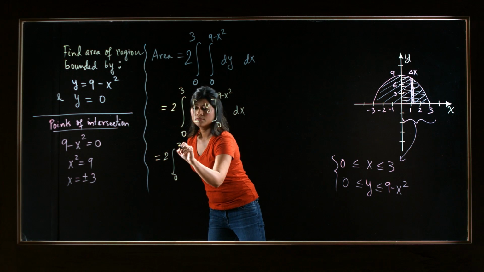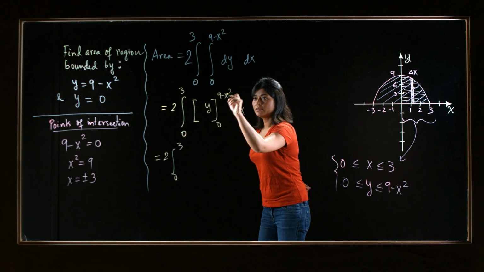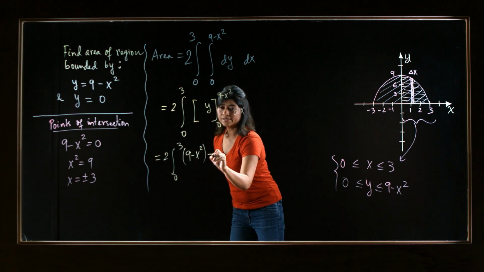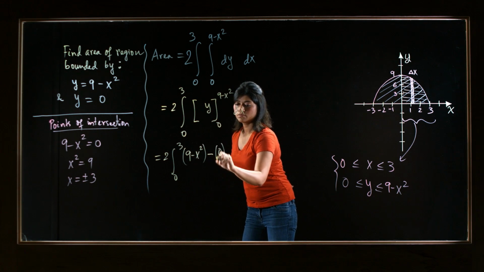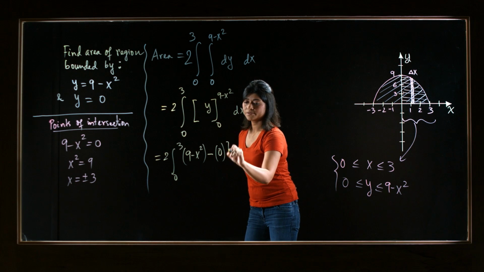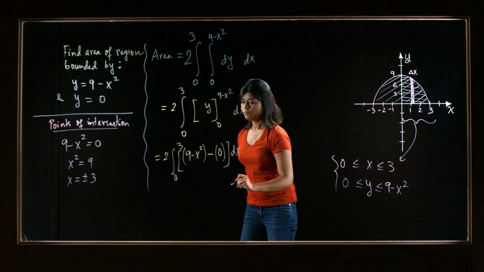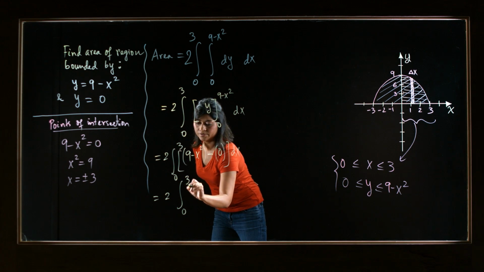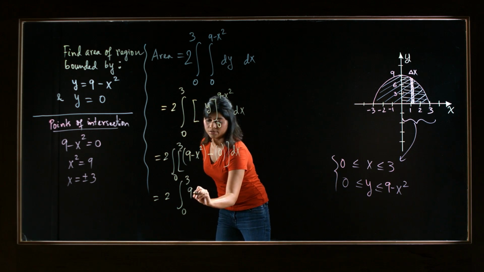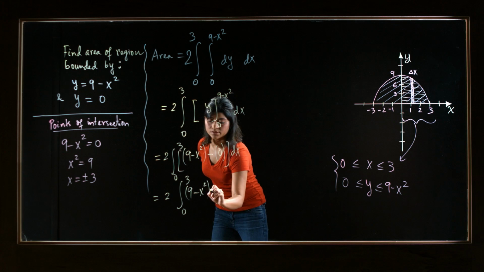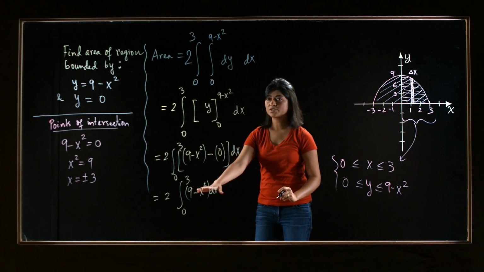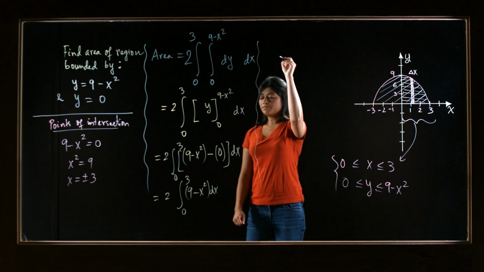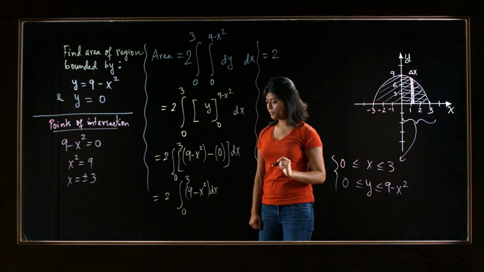Now plug in the limits, 9 minus x squared for y minus 0, and then you have dx. So you just end up having the integral from 0 to 3 of 9 minus x squared dx. Now it's just a single integral, and we can evaluate that easily.